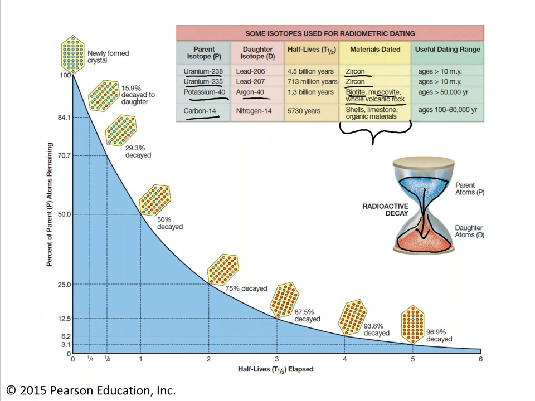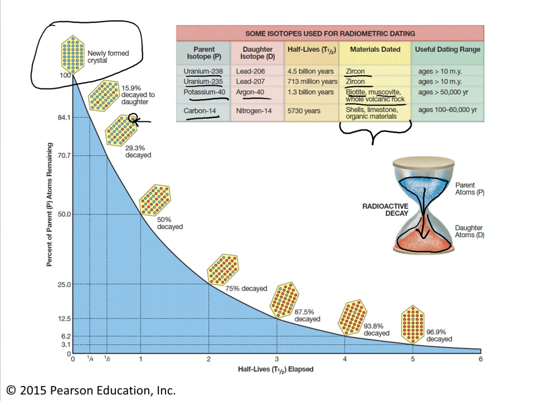You start off when you have a newly formed crystal. The structure of that crystal is such that it happily incorporates the parent isotope, but it will actively exclude the daughter isotope. As time goes by, the daughter isotope is produced through radioactive decay. It's shown here with these red dots. And as those red dots accumulate, that basically is an indication that that crystal is older.